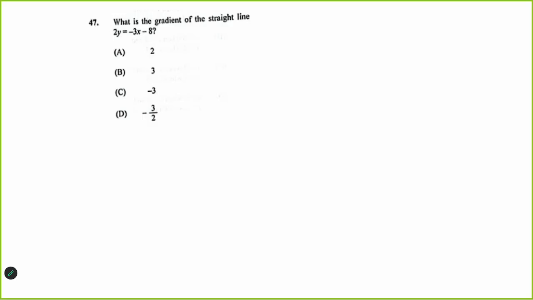What is the gradient of the straight line? So again, y is equal to mx plus c. You have to make y the subject for this, and whatever is the coefficient of x, meaning the number or letter in front of x, is going to be your answer.